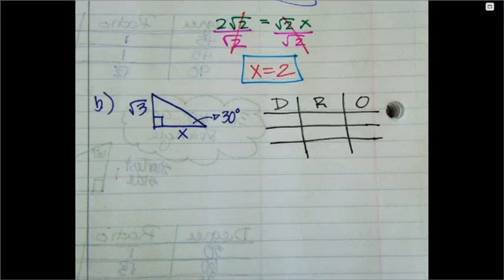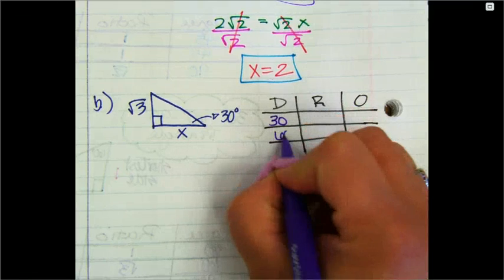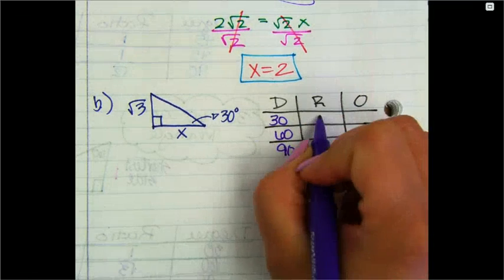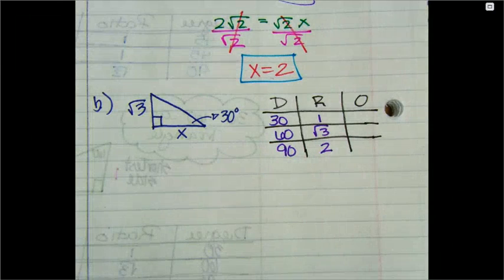Ready? What's your degrees? 30, 60, 90. What's your ratio? 1, radical 3, 2. That just has to be memorized, yes?